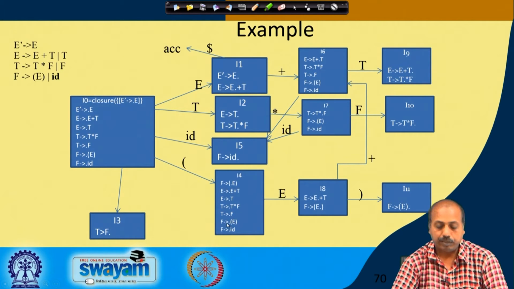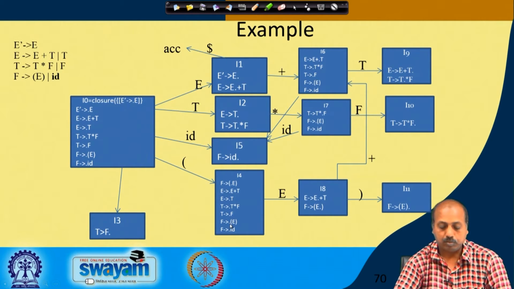Similarly, on F within bracket, from this state if we take a transition on open parenthesis, it goes to I4, which gives me the rule F producing open parenthesis dot E close parenthesis. This is the same as I4, because I4 was like that only, so this will be giving us I4 only.